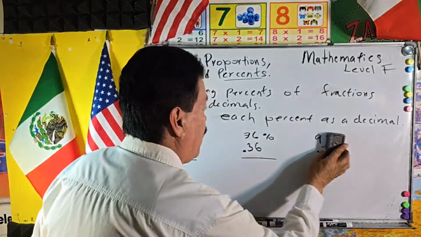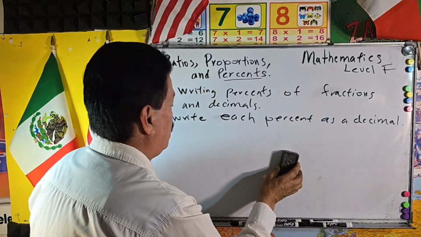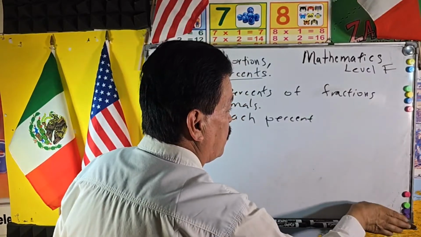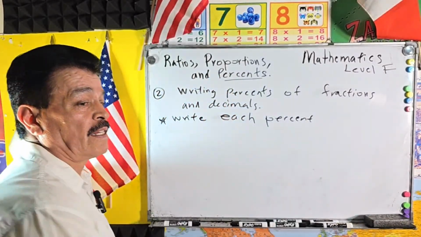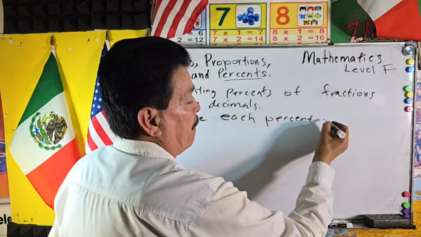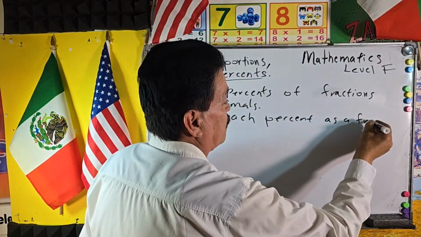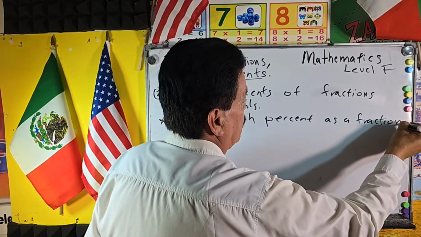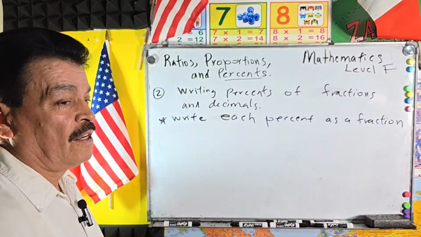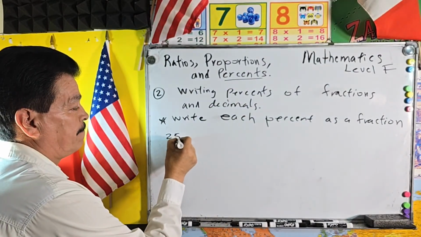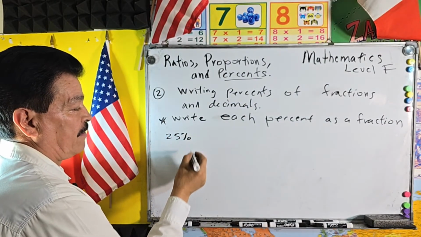Now, okay, got it here? Now, look at the question. Write each percent as a fraction. That was decimal, so now write it as a fraction. Let me write 25%. We have to write it as a fraction.